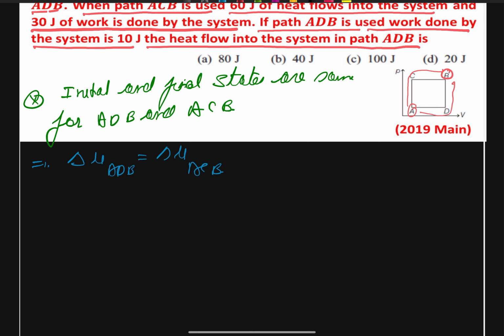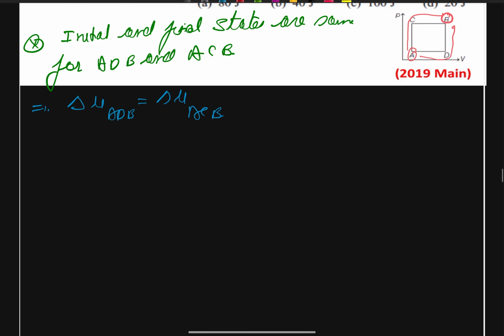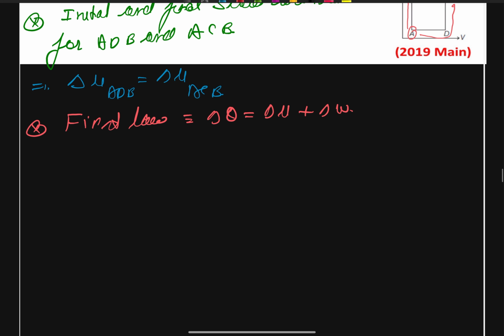And we can use our first law, which gives us that delta Q is equal to delta U plus delta W. So we can use it for the ACB path.